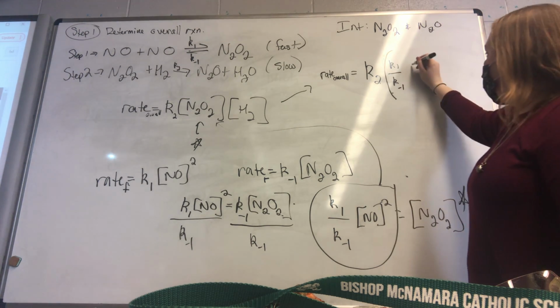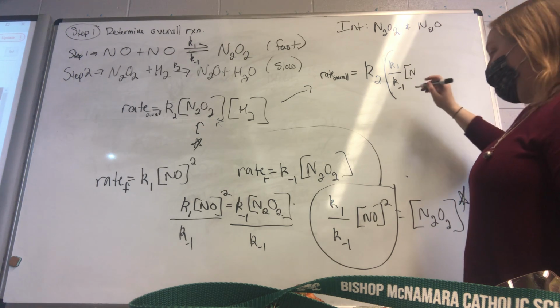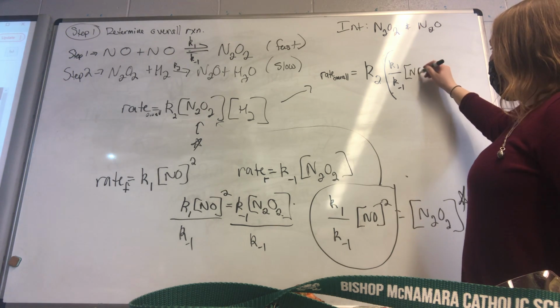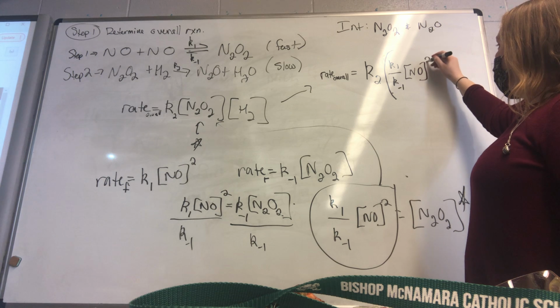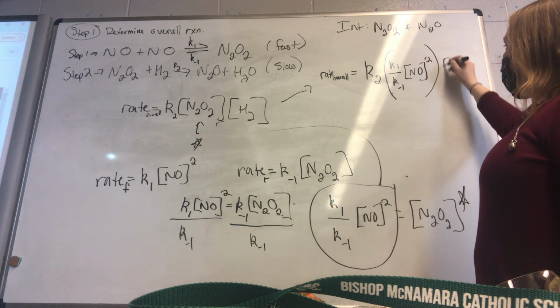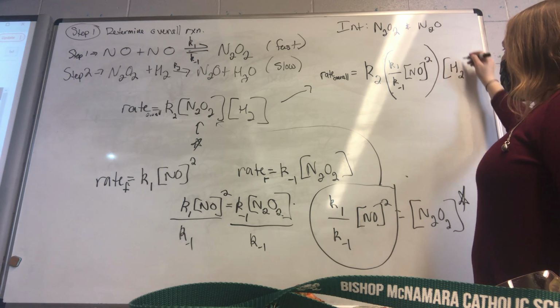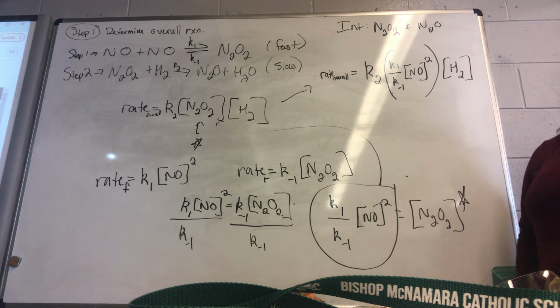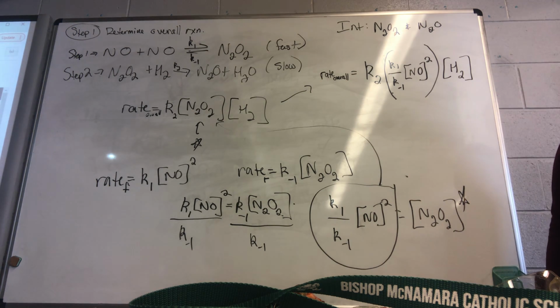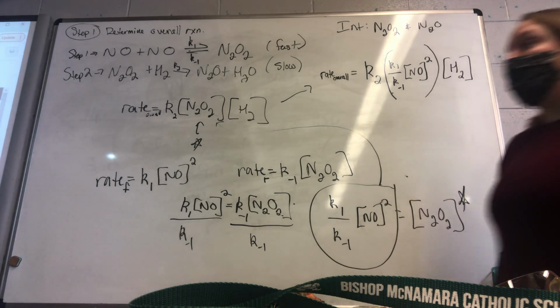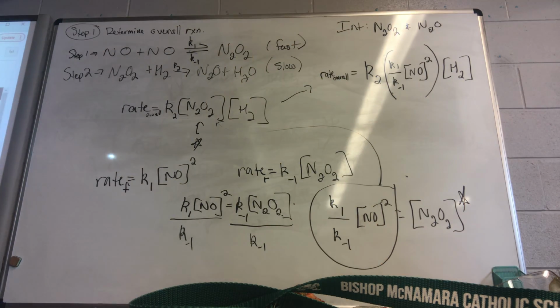Parentheses. NO squared? Well, so now here's the next thing I want to ask you. Yes, I mean, this is the final answer. If you left it like this, you'd be fine.